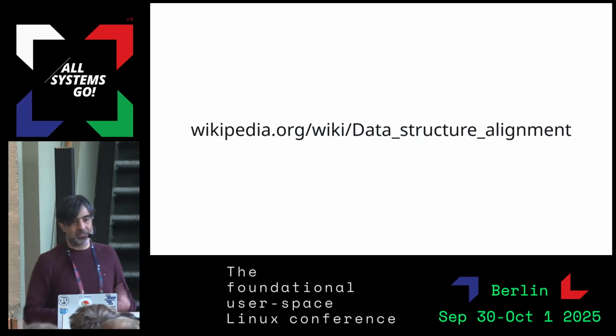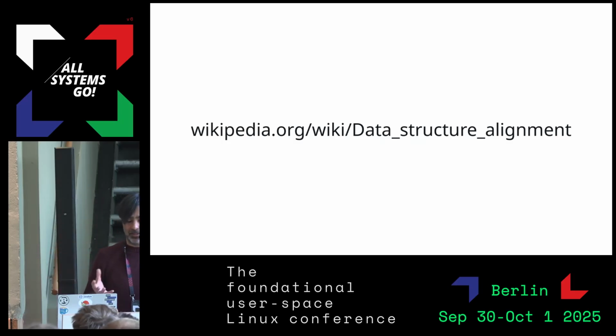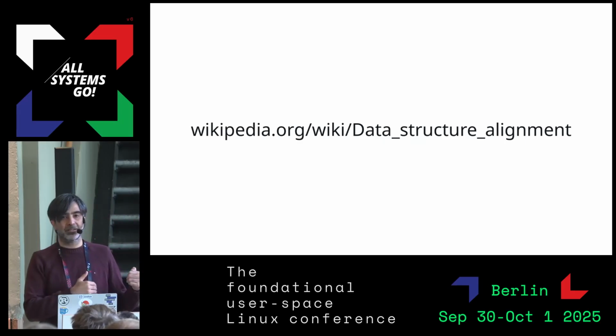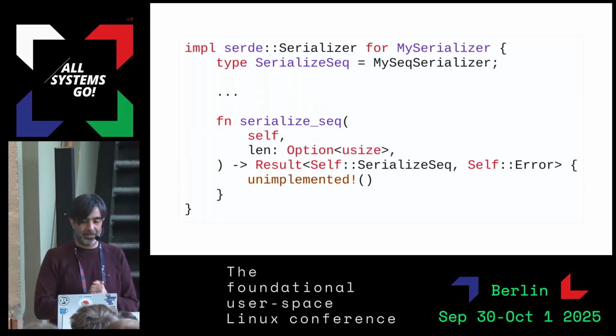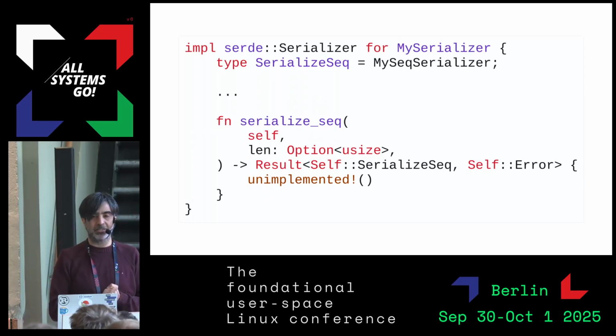The problem was that in D-Bus, the empty array has to be encoded such that there is padding needed even for an empty array. So even if there is no element, you need to have padding for the element, which does not exist. And that makes things very difficult because of how the Serde API is, like how you need to implement your serializer.